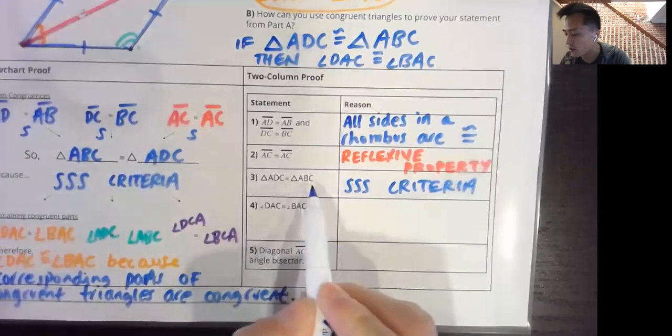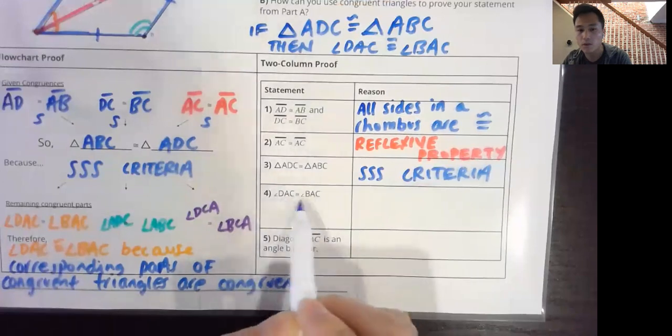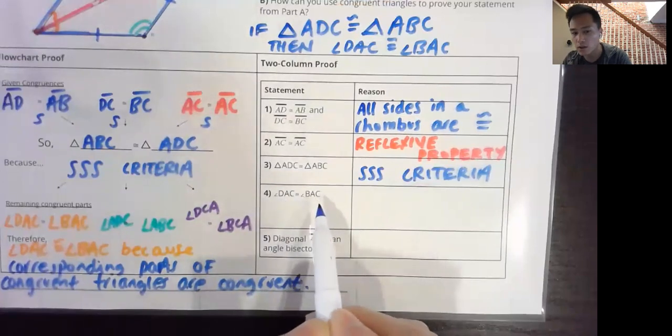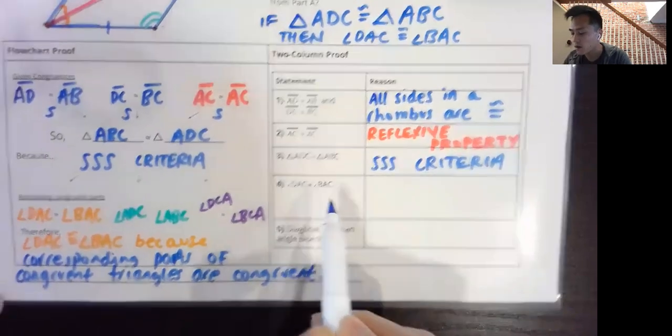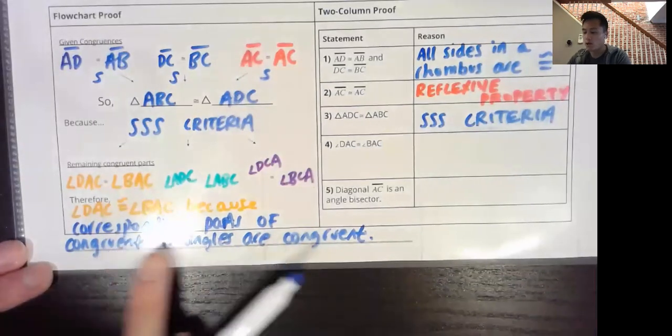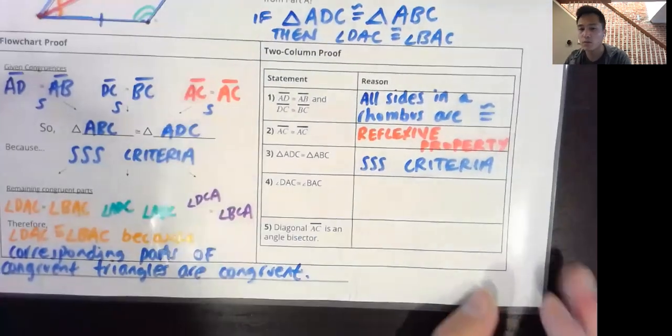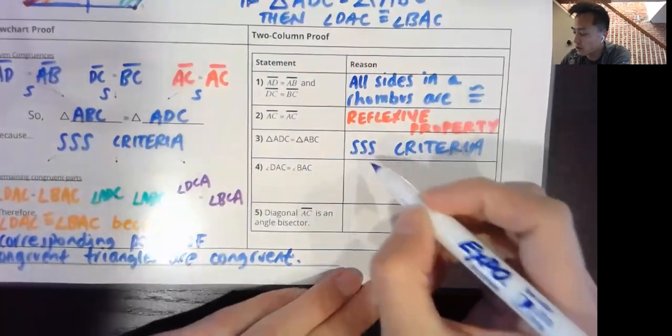Then if the two triangles are congruent, I can conclude that these two angles between the two triangles are also congruent because the corresponding parts of congruent triangles are congruent. Now, for your two-column proofs, here's a little bit of a break for you.